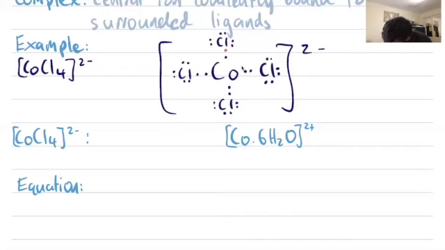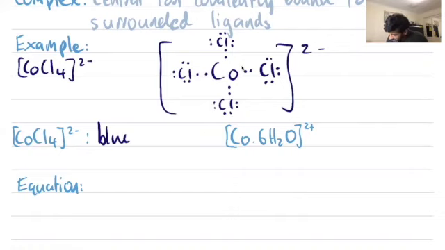The other way it exists in solution is as the other component, which is my cobalt hexahydrate, and cobalt hexahydrate is that pink part that we mentioned before. It's also known as a complex, but it's pink.